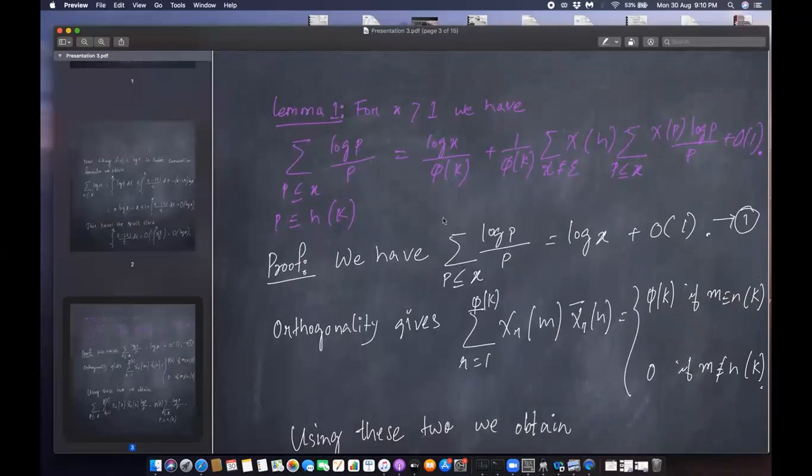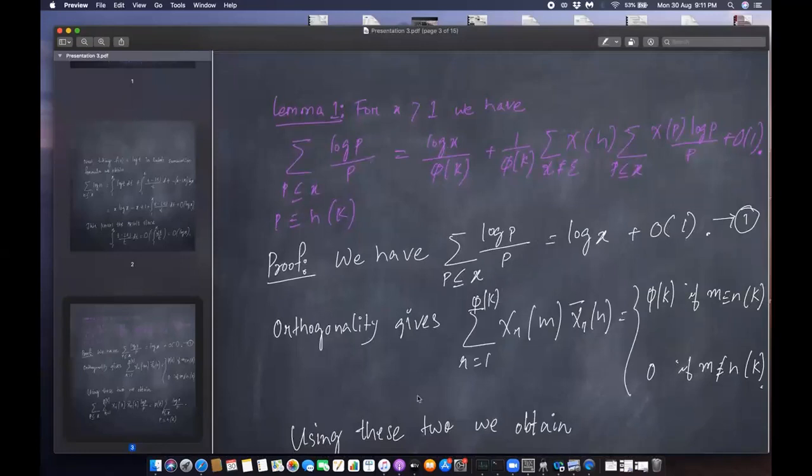So here we recall this identity. It is known to us that the sum of log p over p, where the sum varies over all primes less than or equal to x, is equal to log x plus big O of 1.